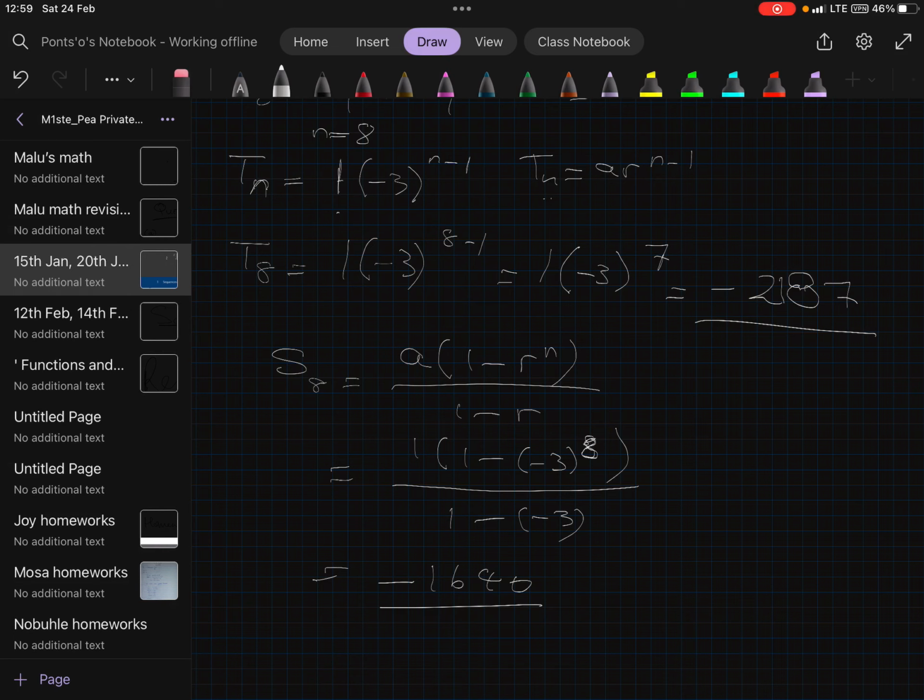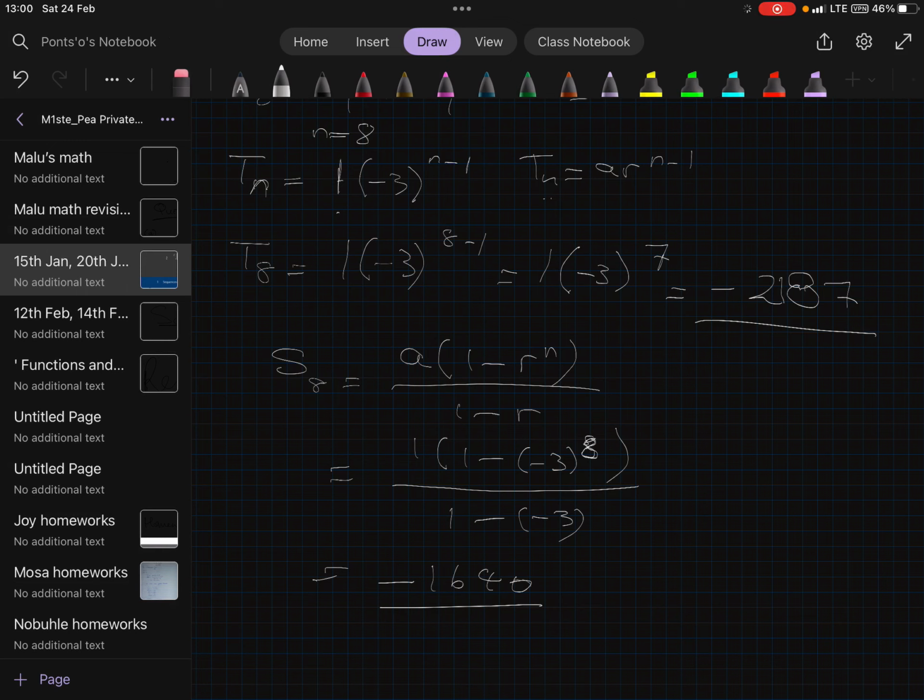Then add 1. Then divide that by 4. What's your answer? 1640. Yeah, that is the sum to the 8 terms, which makes sense.